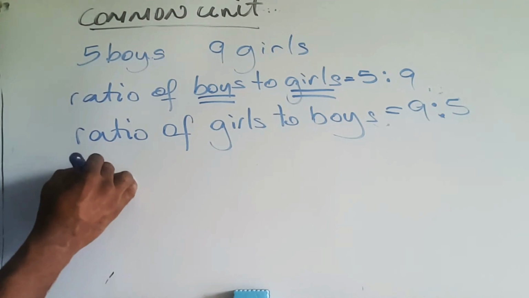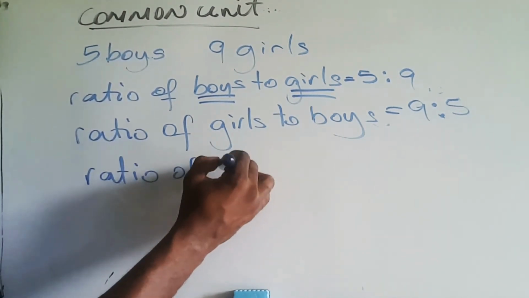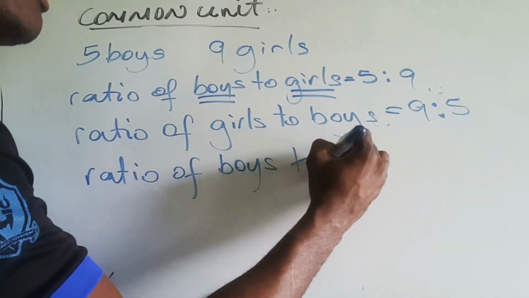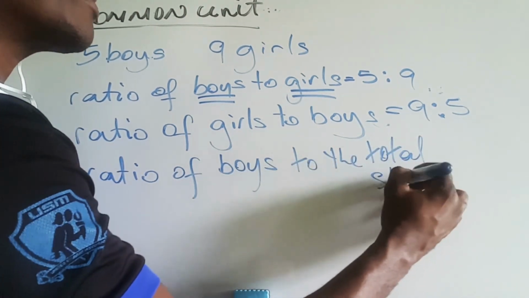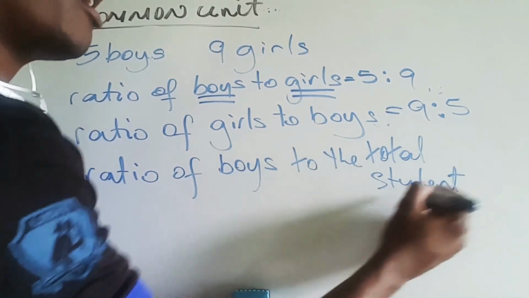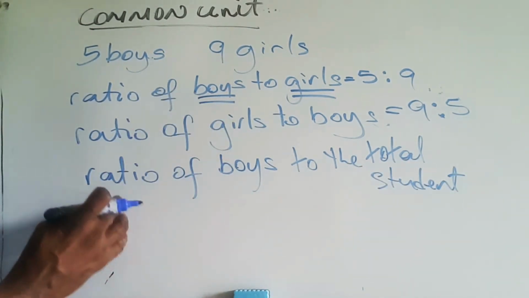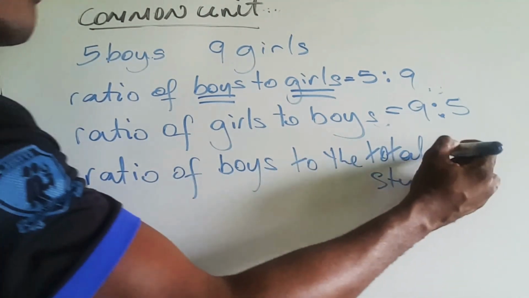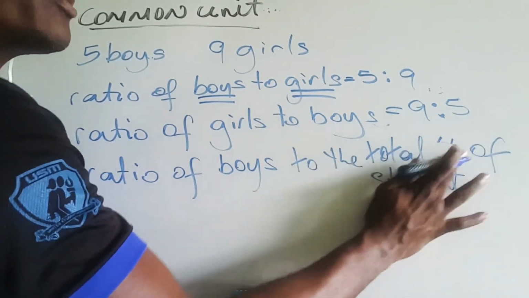Also, what if they want us to find the ratio of, say, boys to the total number of students, right? All right, so write the ratio of boys to the total number of students.